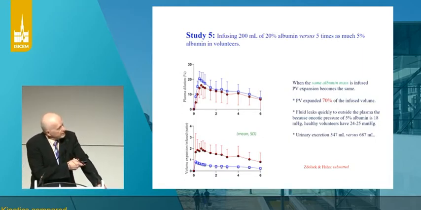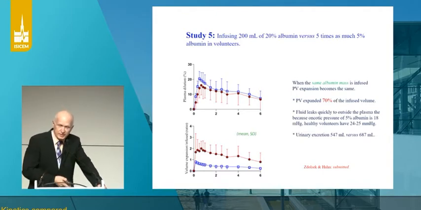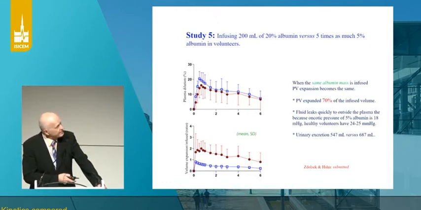And you see here, this is the volume expansion compared to the amount that we have infused. It's much lower, of course, with a 5% solution. Urine excretion is almost the same. There's a little more with the 5% solution because we give much more here. This experiment is matched so that we give the same amount of albumin in both situations.